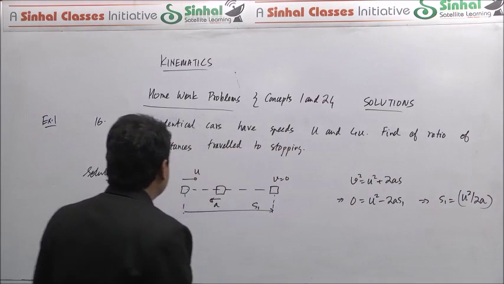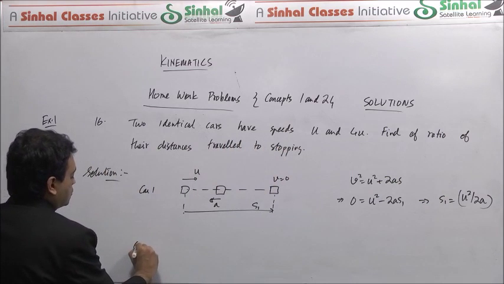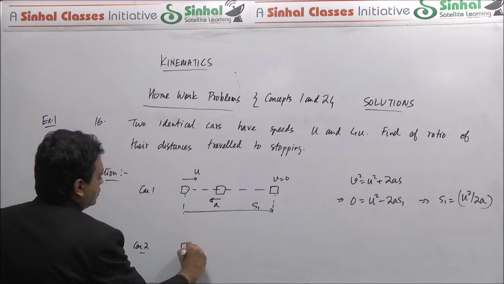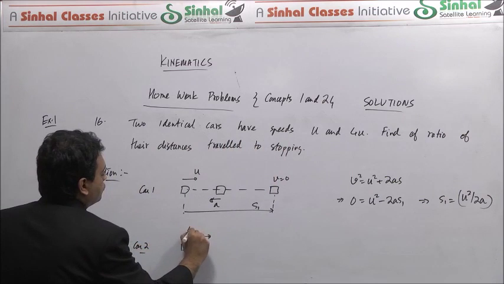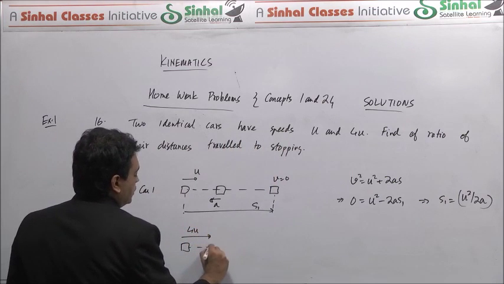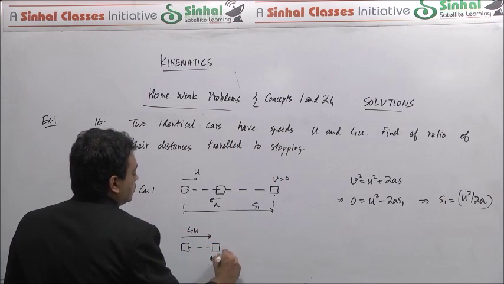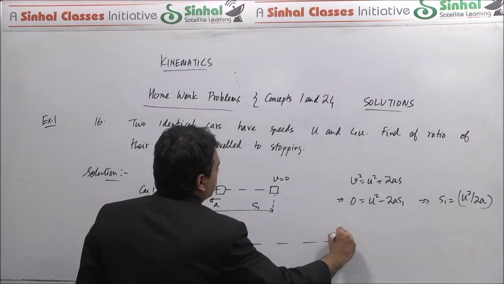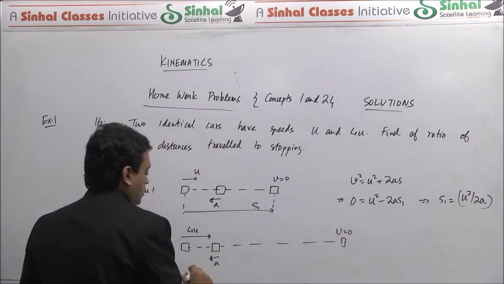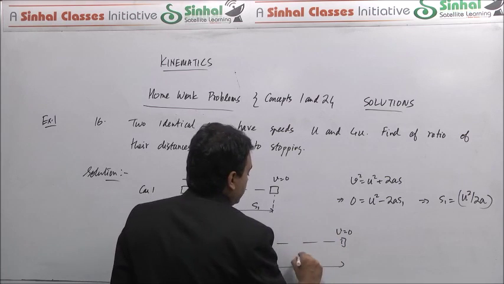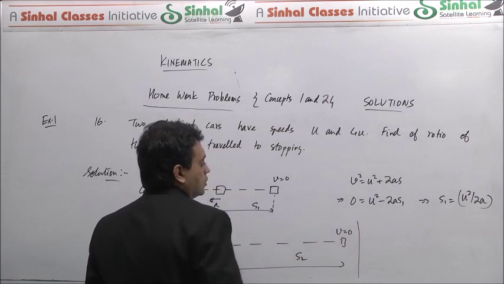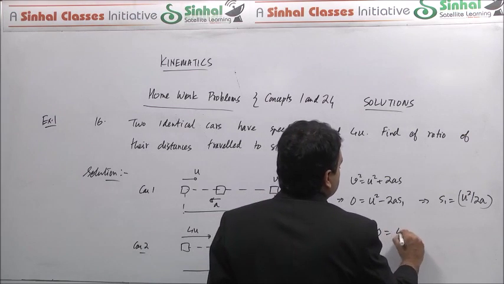Okay. Now the second car is traveling at a comparative speed of 4u initially. So when it starts braking, it will travel a larger distance before it comes to rest. Let's say that distance is s2. So for the second car we'll write the same relation.